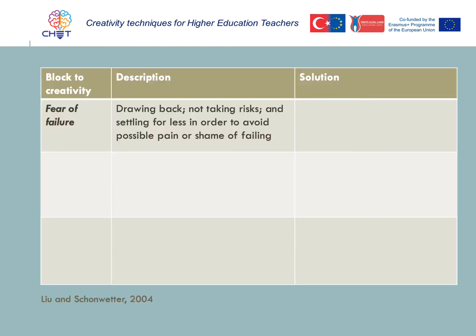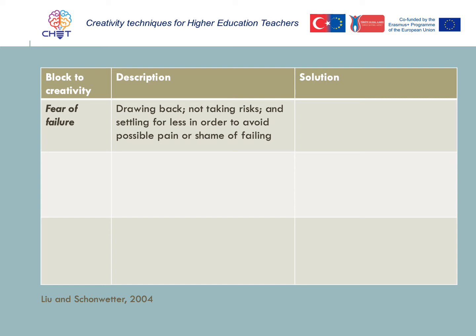The first block to creativity that we're going to talk in depth about is the fear of failure. And most likely you had contact with a person that feared failure and therefore settled for less. So the description is drawing back, not taking risks, and settling for less in order to avoid possible pain or shame of failing.